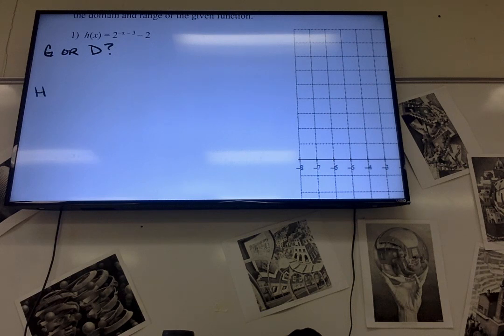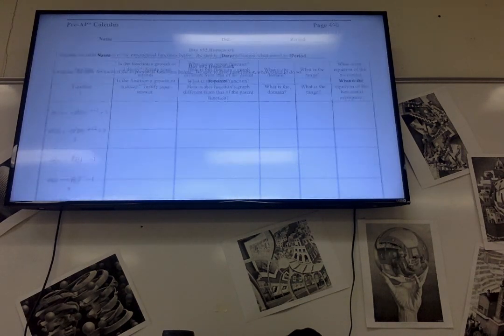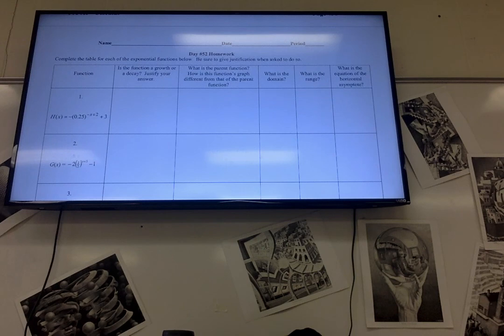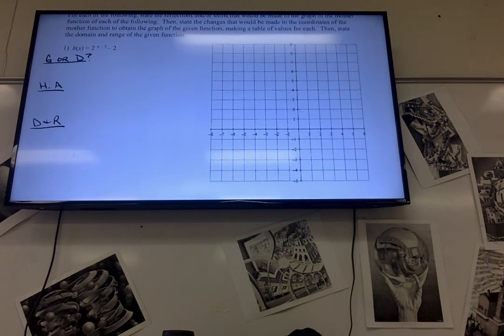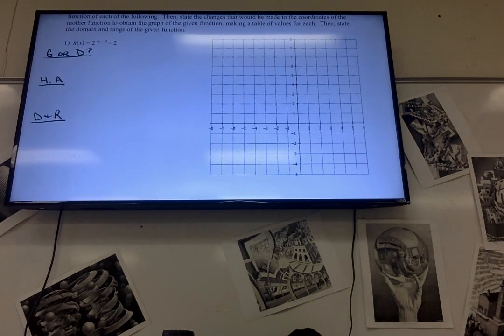Figure out the horizontal asymptote. And what is the domain and range? Domain, range, horizontal asymptote, and the transformations.